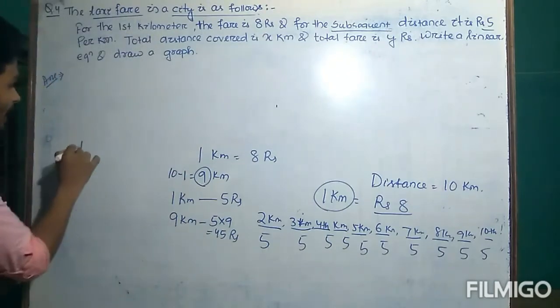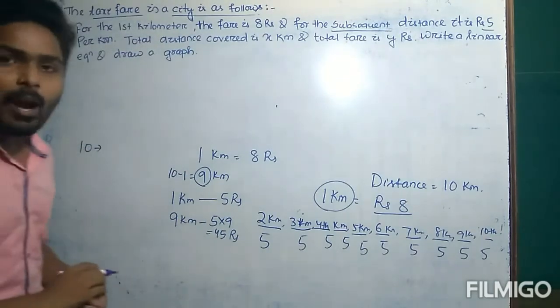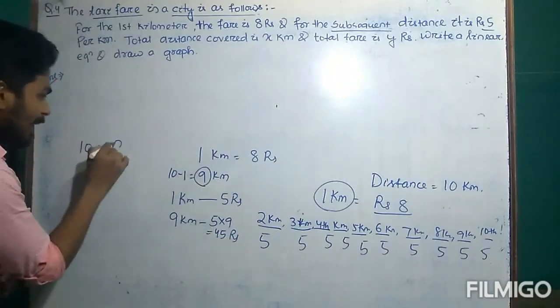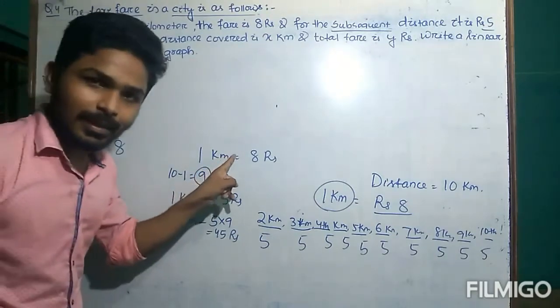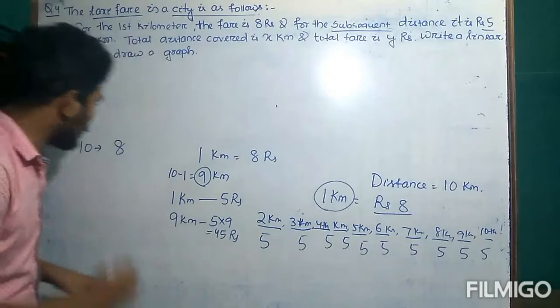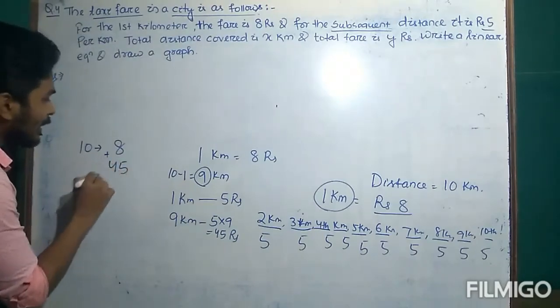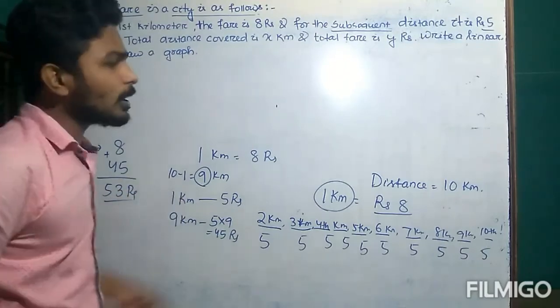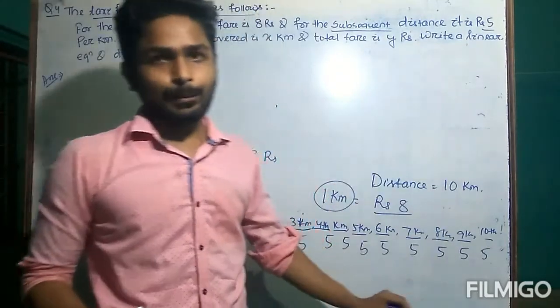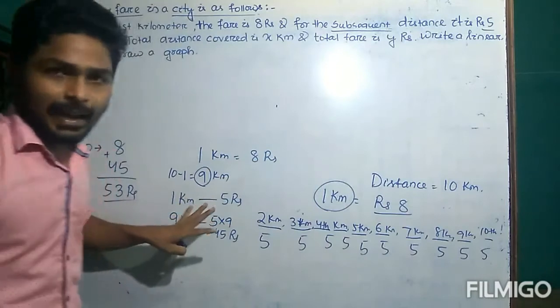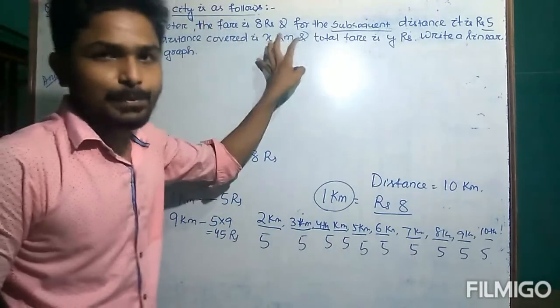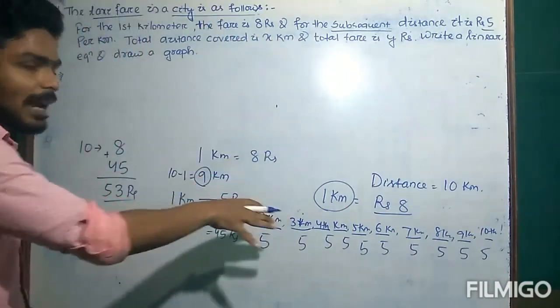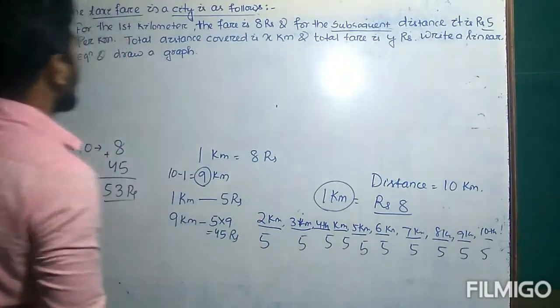So for the total of 10 kilometers, first you pay 8 rupees for the first kilometer, then 45 rupees for the remaining 9 kilometers. Hence you have to pay 53 rupees to cover a distance of 10 kilometers. So this is the basic idea that the question gives you, and according to this idea we have to solve the question.